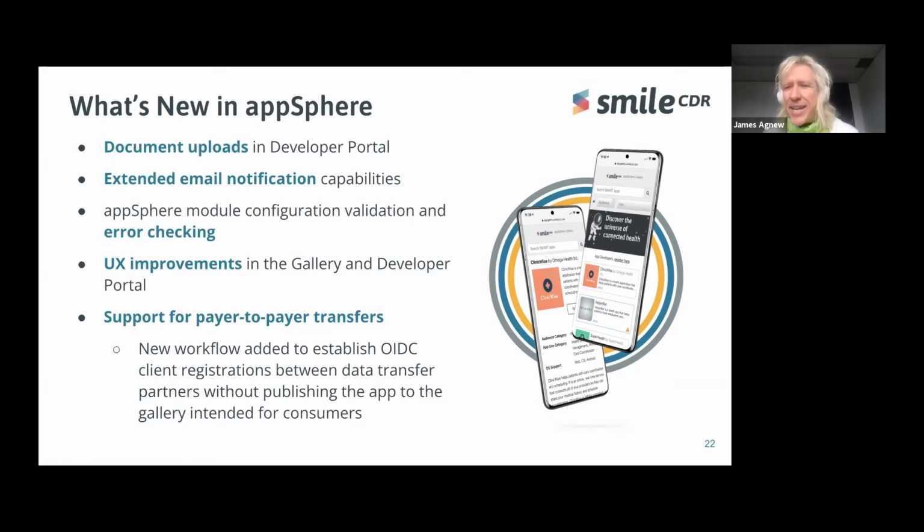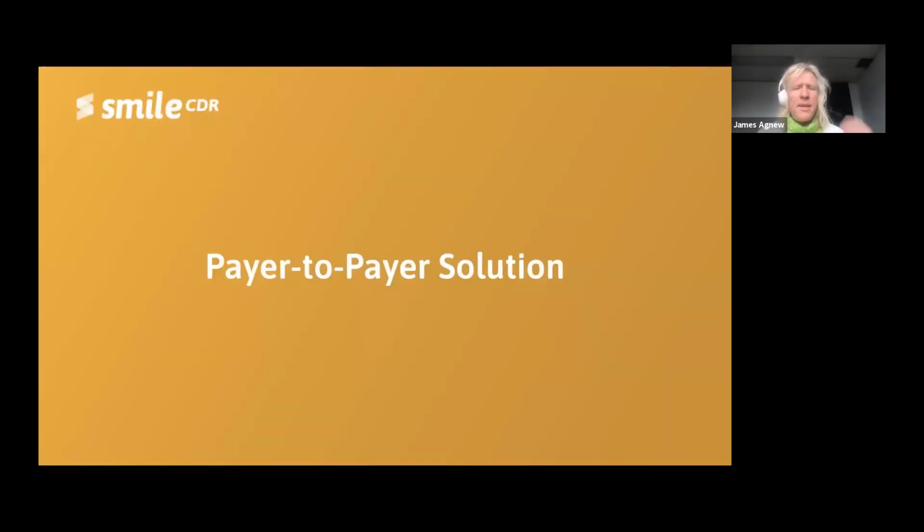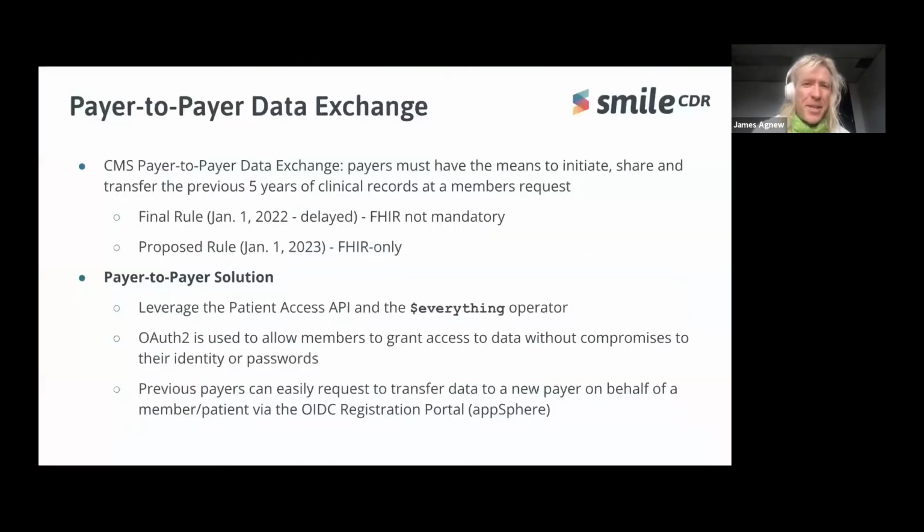We've added some error checking to make sure that any self-registered apps have all of the right information, as well as we have started to implement the workflows that will be required specifically for peer-to-peer exchanges. So a whole bunch of work in anticipation of the role of Appsphere in supporting peer-to-peer exchanges of data, which is great.